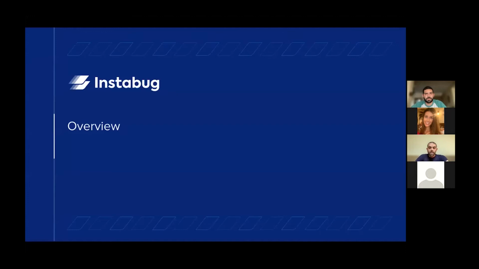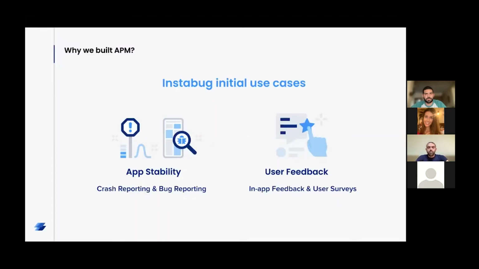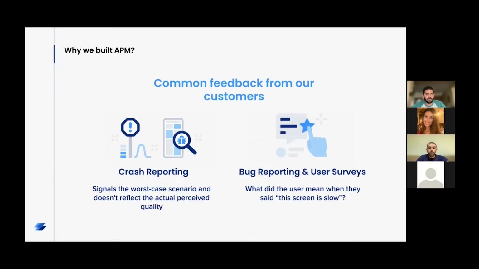So, first, Instabug's initial use cases were app stability and user feedback. However, the feedback we received from our customers who have been making use of crash reporting and bug reporting was that they do not quite 100% reflect the actual perceived quality of the application.